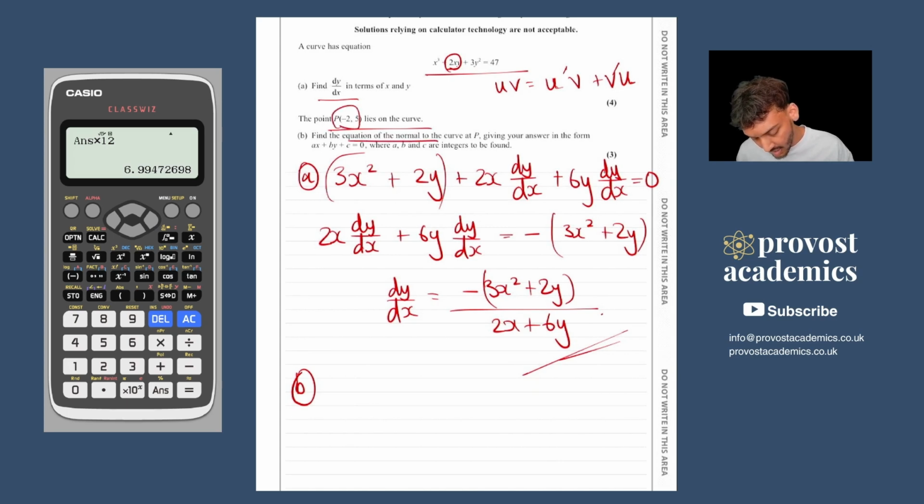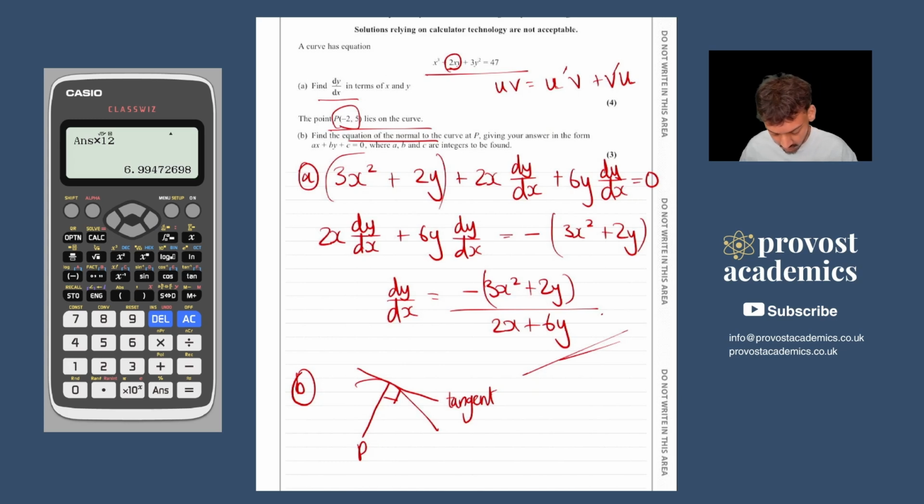Okay, so here the idea is that since we know what dy/dx is, which is your gradient function, if we were to sub in the point P into our first derivative, we should be able to figure out what the gradient of the tangent is. And since we're finding the normal, we know that if I have a curve, this is my tangent and this is my normal, and they meet at 90 degrees, so they're perpendicular to each other.